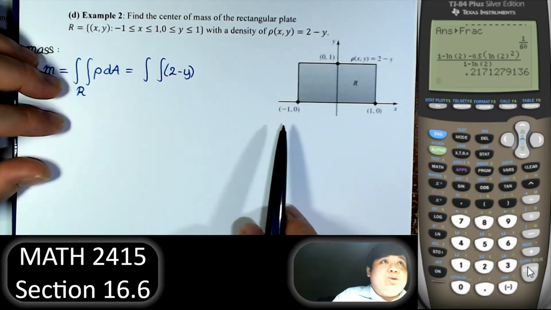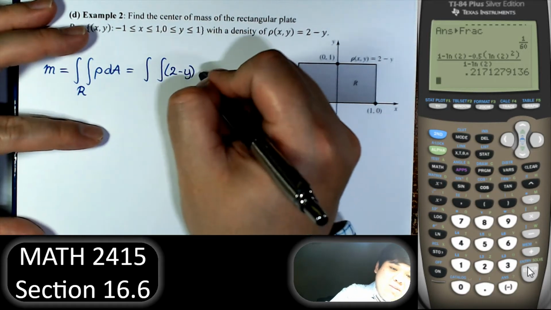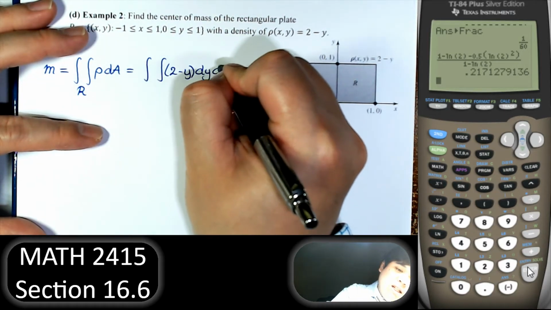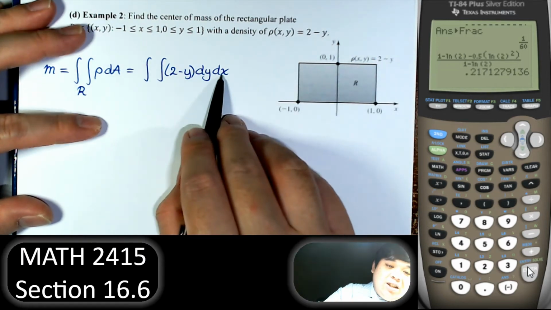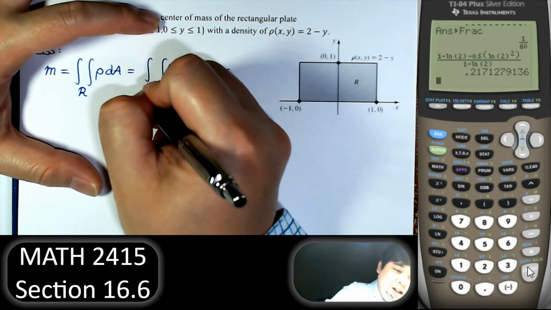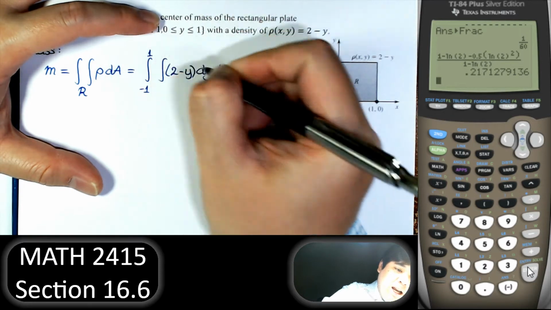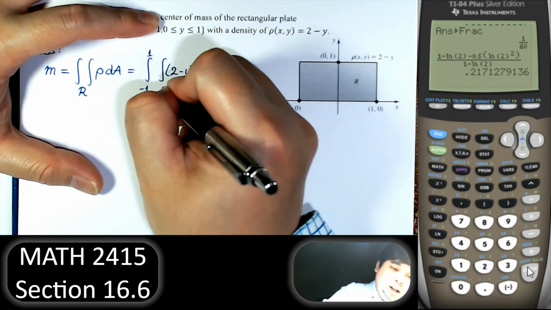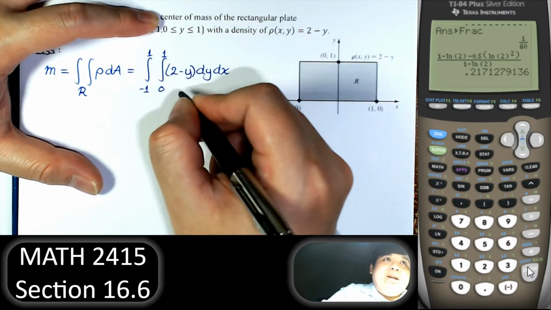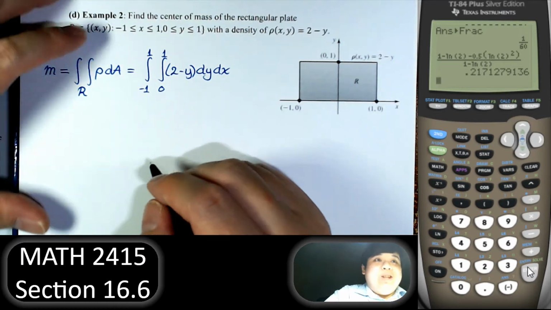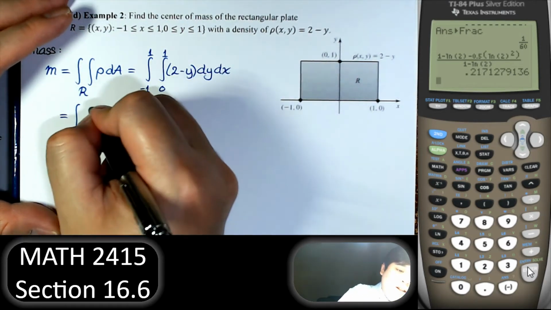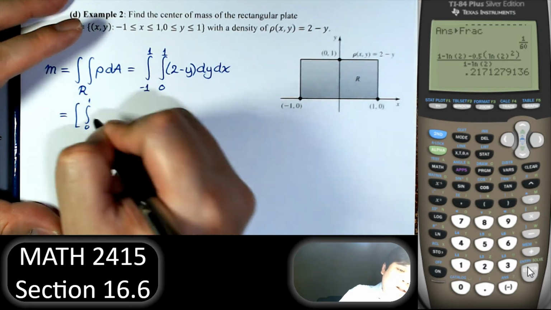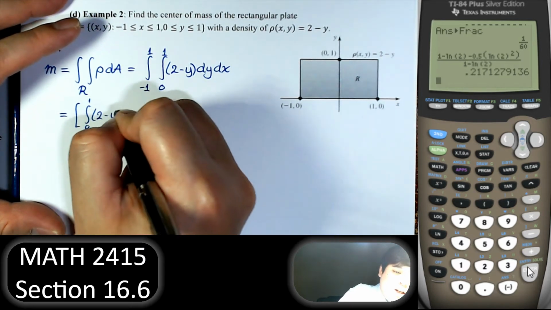And then because we can use dy dx or dx dy, doesn't matter, I'll use dy dx. Integral for x from -1 to 1, and for y 0 to 1. Constant limits, function separable. So this one indeed we can use Fubini's theorem. So group the y together, 0 to 1, 2 minus y dy.